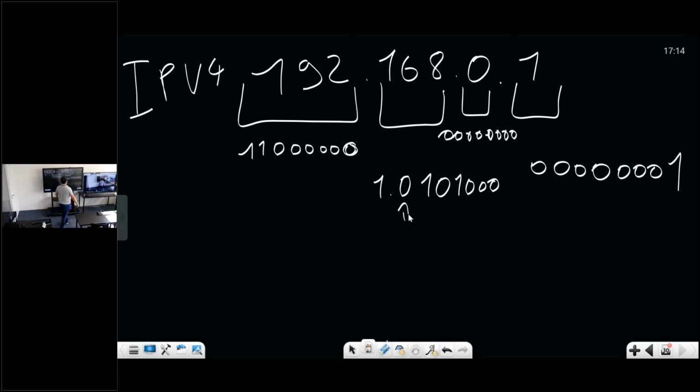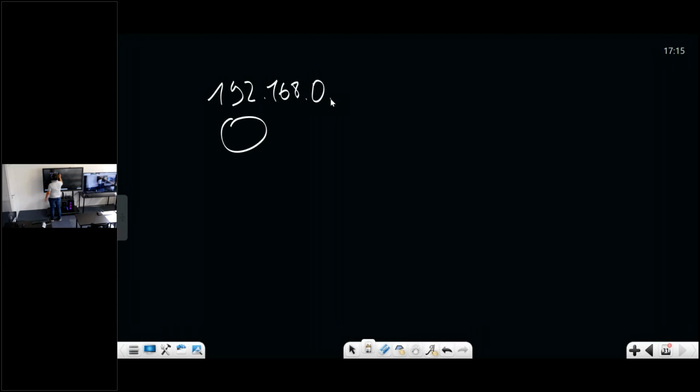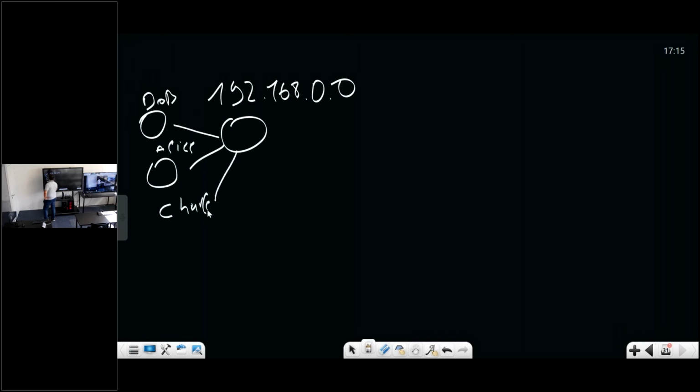So now let's complicate our schema. You have the network, so a router, remember. This is the router where there is Bob, Alice, Charles, and Didier.